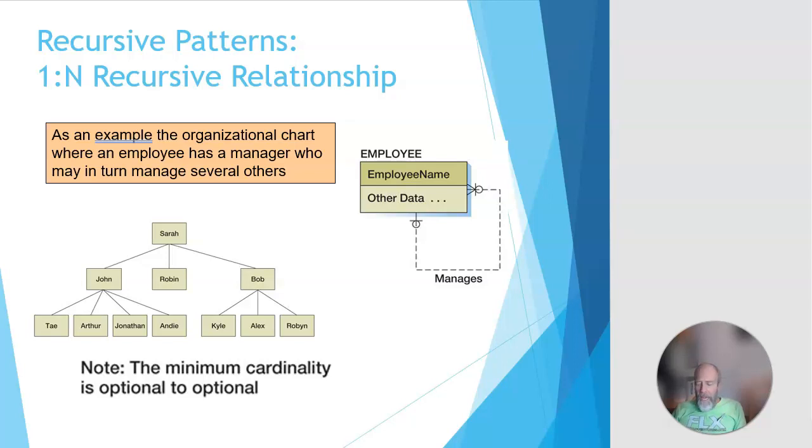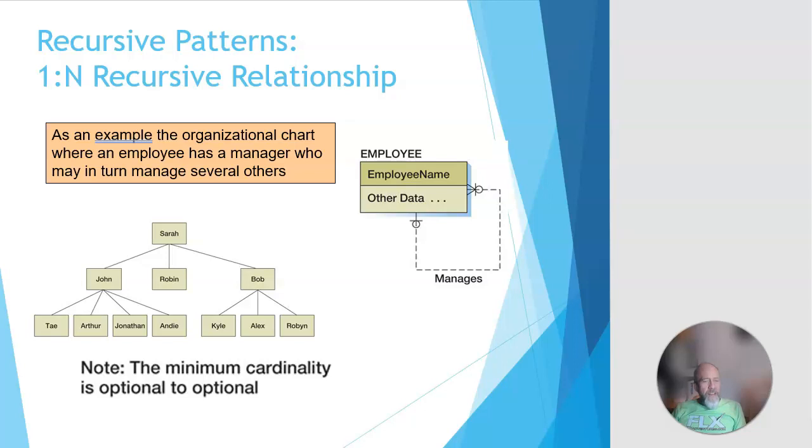You can have a one-to-many recursive relationship where employees have the ability to either manage or have specific relationships to other employees, and you can keep all of those relationships, like the manages, within the employee table. So you're keeping a link to other employees, but you're not creating an outside table to do that.